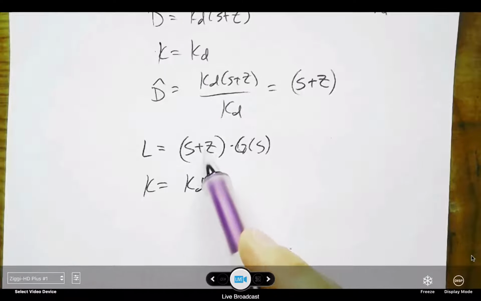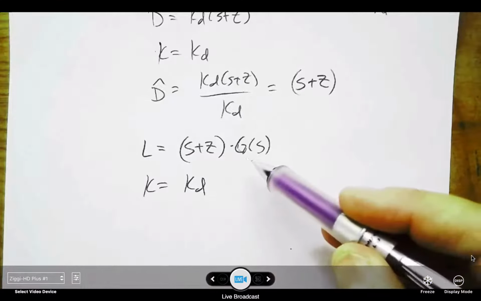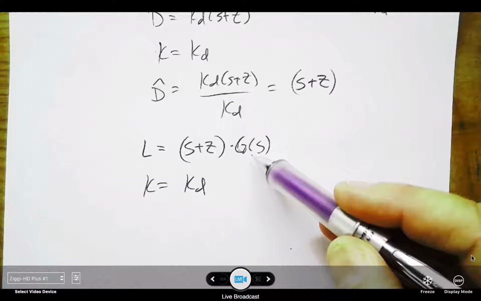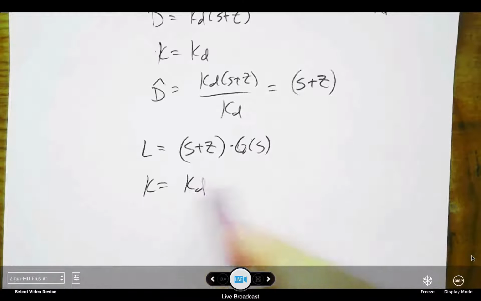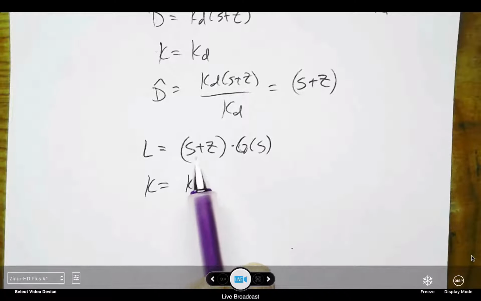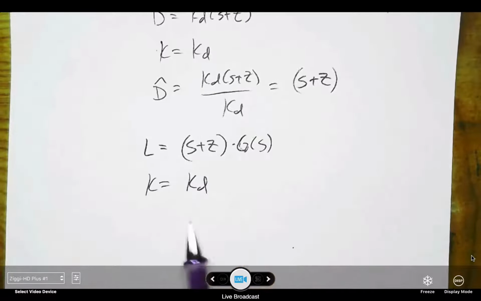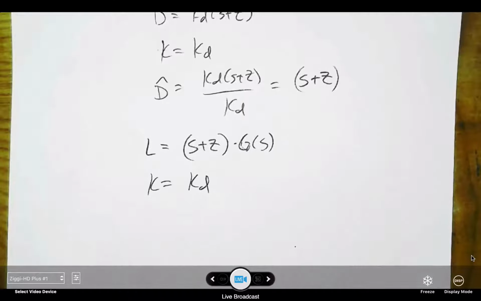We would first have to choose the 0 location before we could draw the root locus, and that might be a little bit weird, but it's just necessary. And you could then draw the root locus several times with several different choices of Z and just see how it affects the shape. But L would be S plus Z times G, and K would be Kd, and we would now be ready to do root locus.